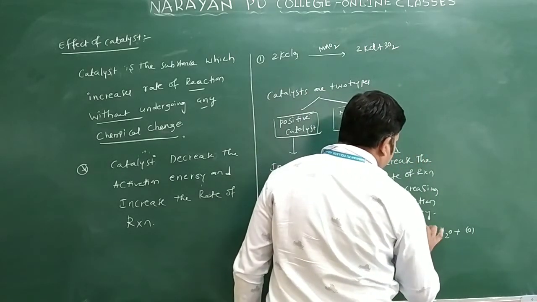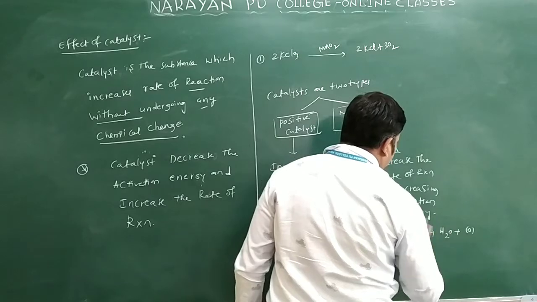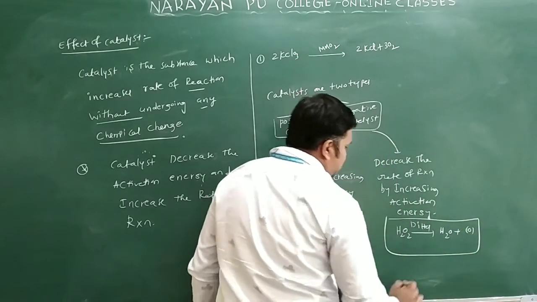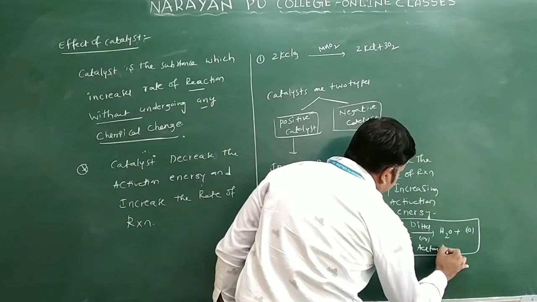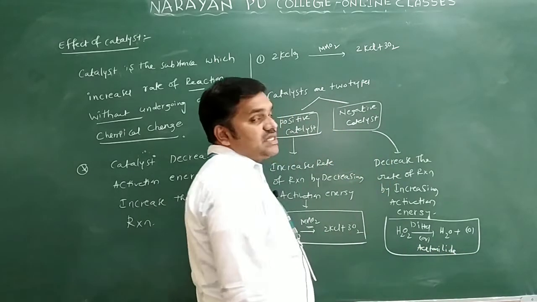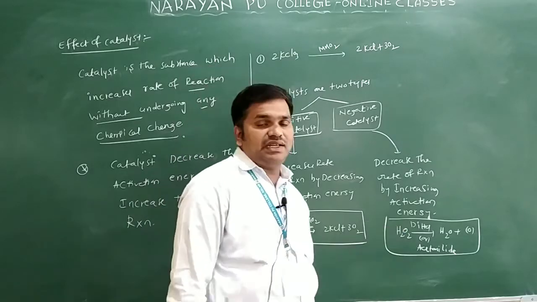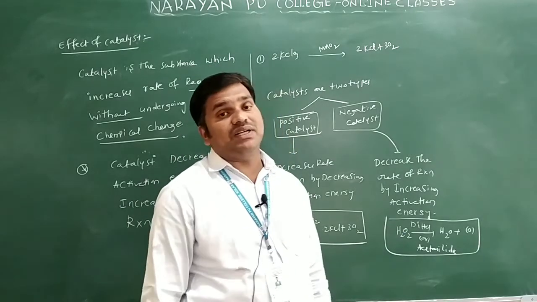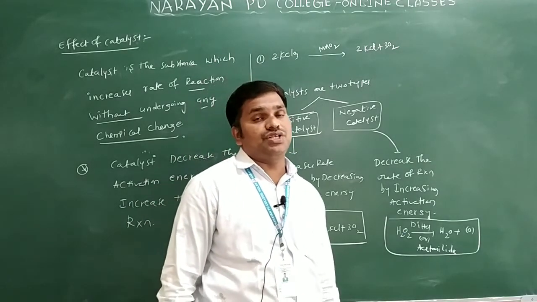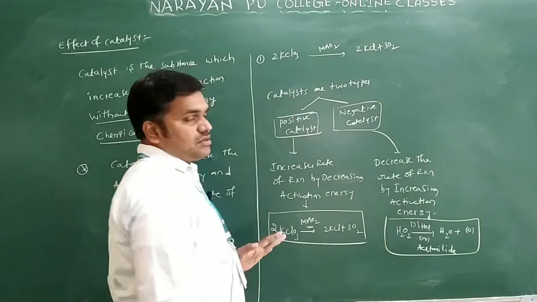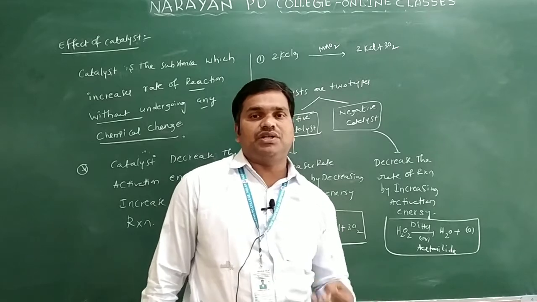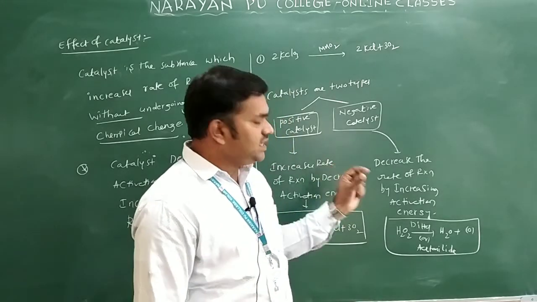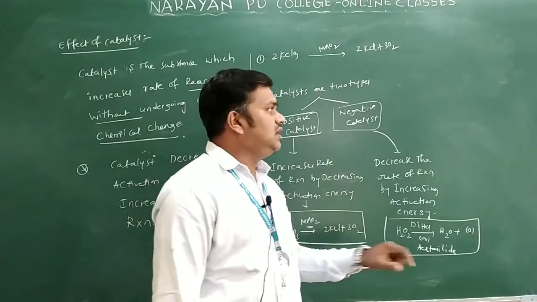This reaction can be carried out in the presence of dilute HCl or acetanilide. In this case, dilute HCl acts as a negative catalyst. It will decrease the rate of reaction. So this is regarding catalysts. Then we will see how the catalyst affects the activation energy diagrammatically, and we will also see some of the characteristics of the catalyst.